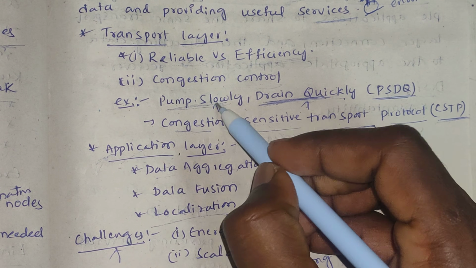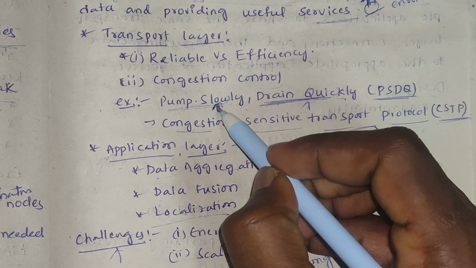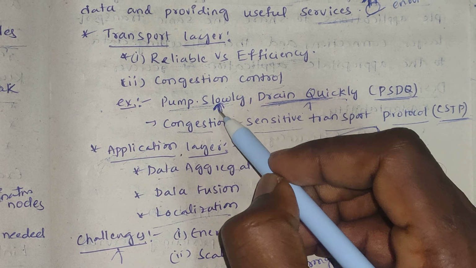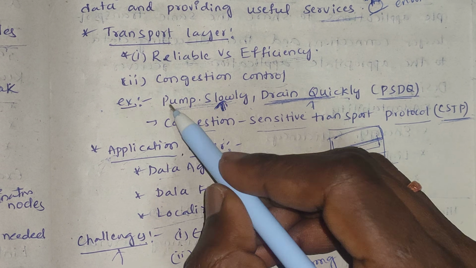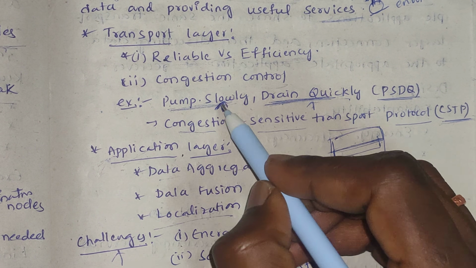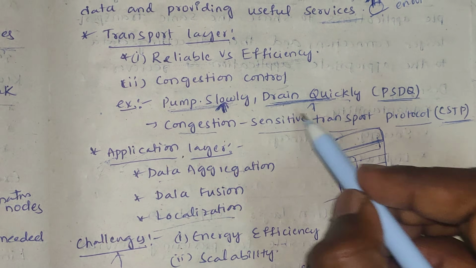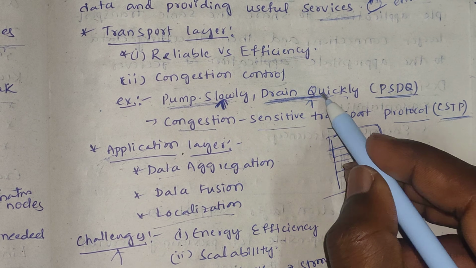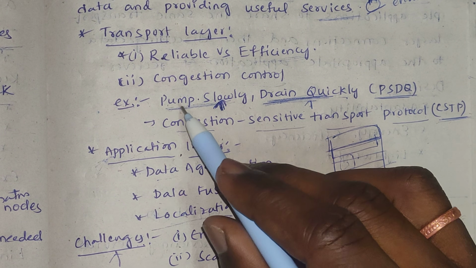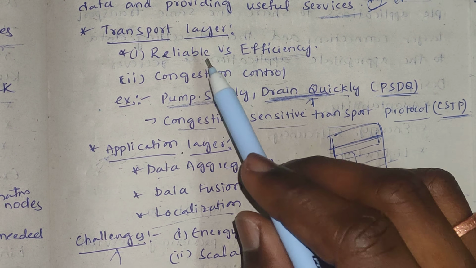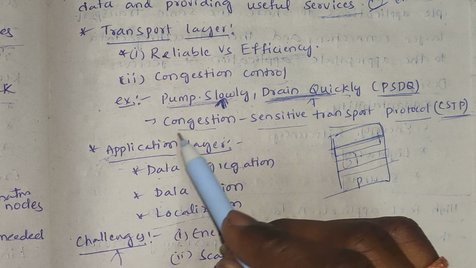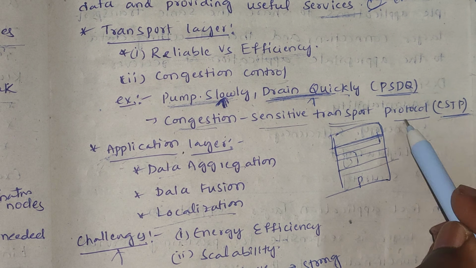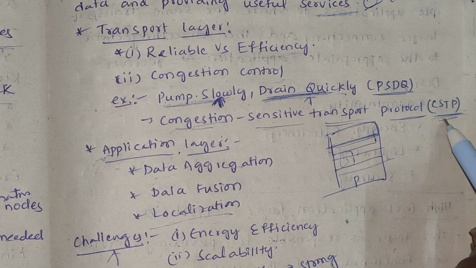This is an agriculture industry example, which uses sensors through the upper layers. We pump slowly, and the drain can absorb the water quickly. This is an example of the transport layer in upper layer issues of WSN. And there is the congestion sensitive transport protocol, also called CSTP.